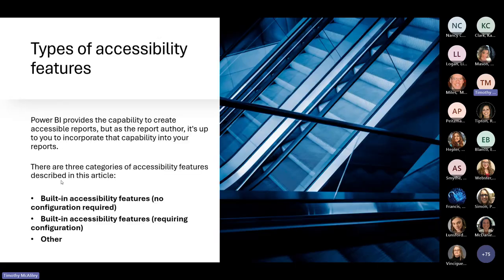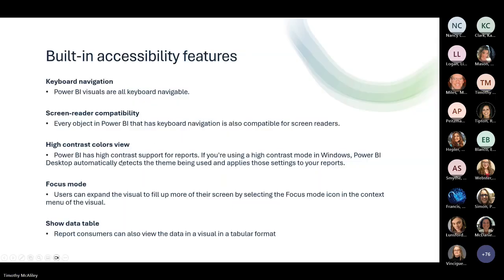So, types of accessibility features. Again, Power BI provides the capability to create accessible reports, but as the report author, you want to incorporate these features, these capabilities, into your reports. Again, kind of repeating myself, there's no configuration required for some. There are some that do require configuration, and there's the other piece, which is making sure you understand your audience, test for low vision, and make sure your reports are consistent.